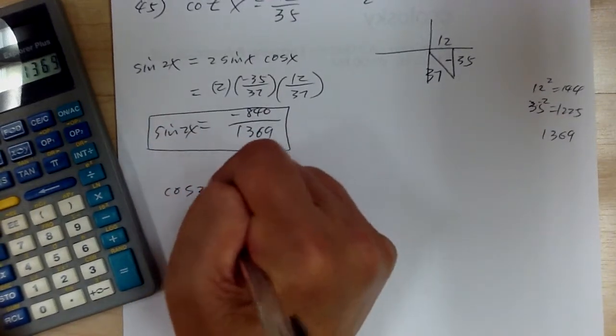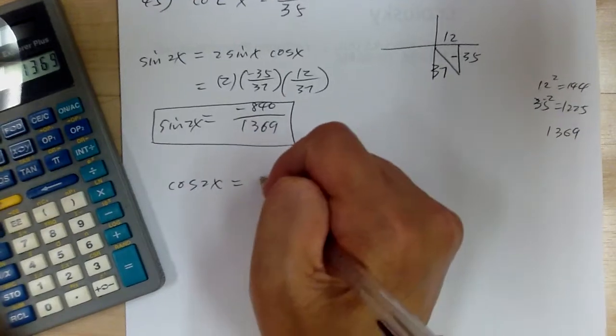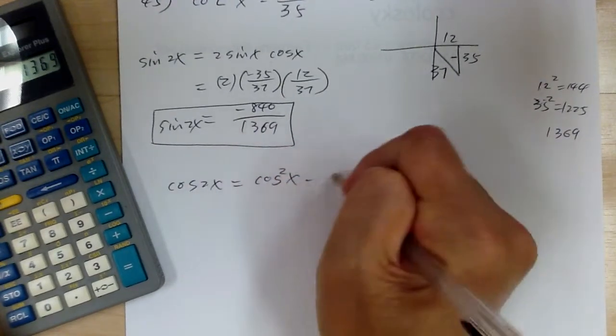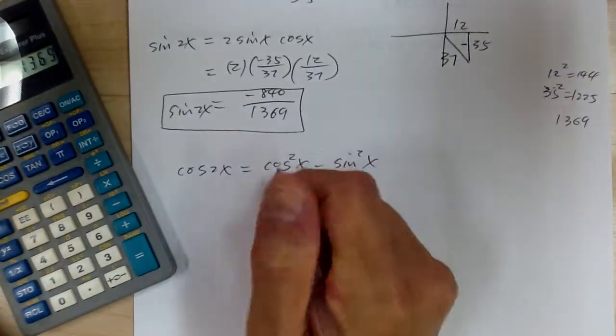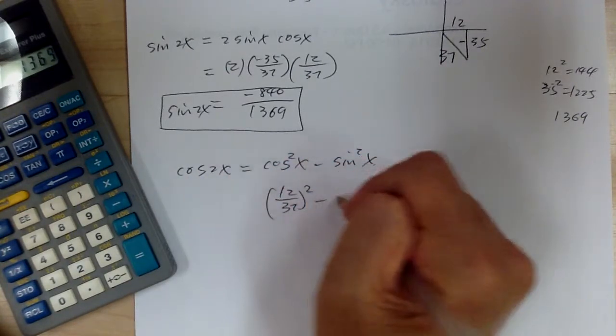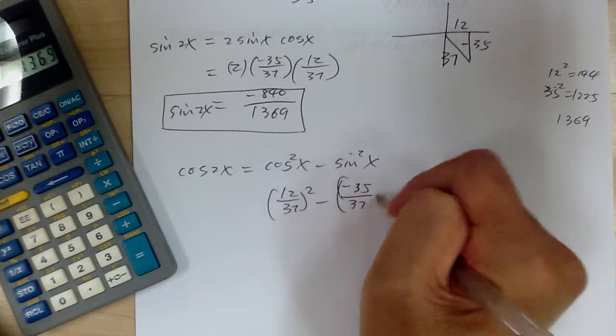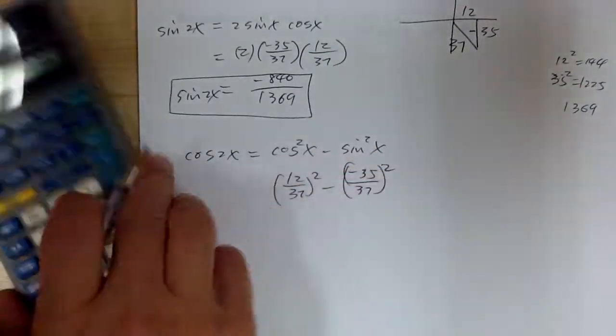And cosine of 2x would be cosine squared x minus sine squared x. So you're going to get 12 over 37 squared minus negative 35 over 37 squared.